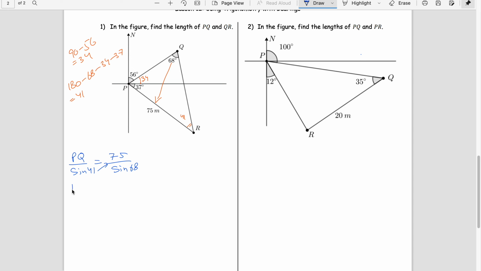So just cross multiply. PQ is 75 over sine 68 times sine 41. Let me calculate this one. That is 53.1 meters.